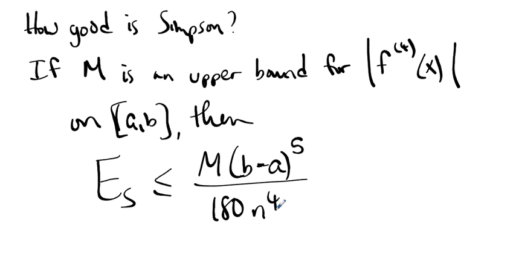Now, I don't have to tell you that 180 is much bigger than 12, and n to the 4th is much bigger than n squared. So this thing gets small really, really fast.